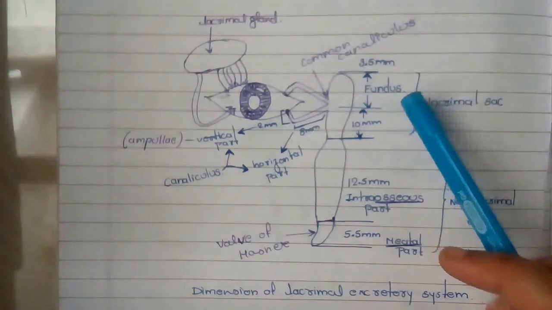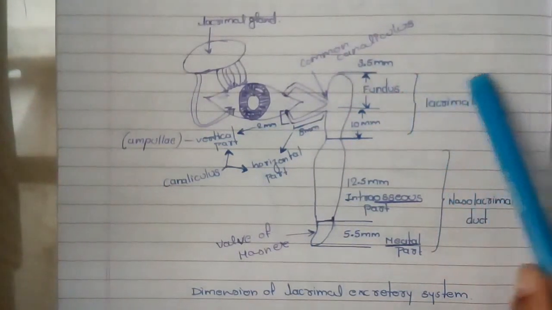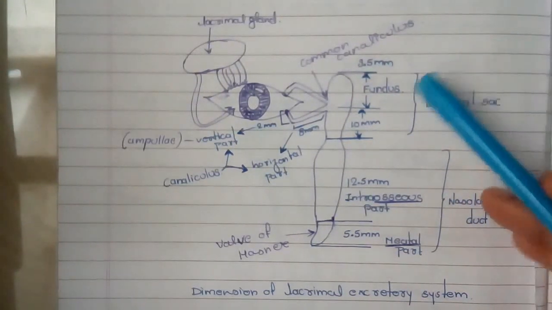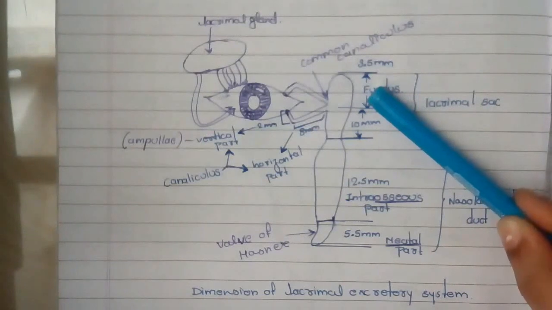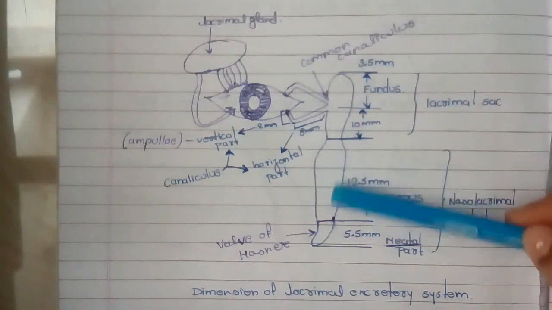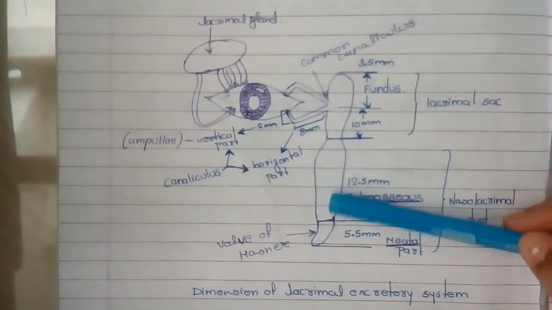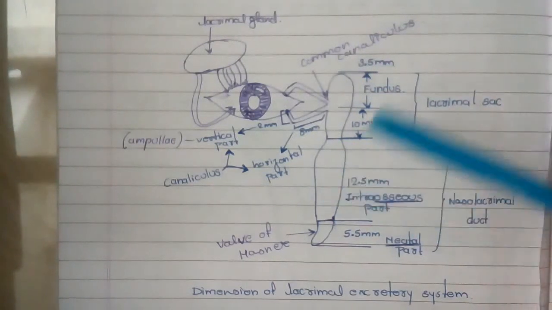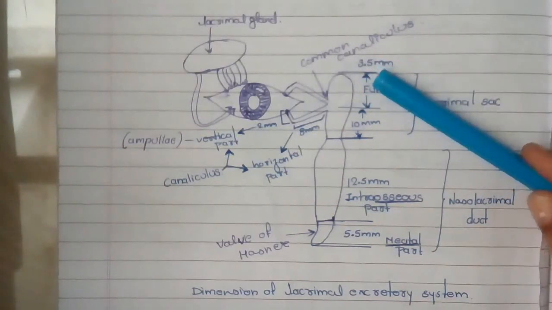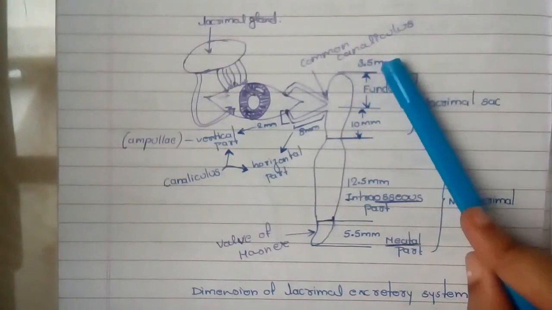One more point I am going to say is that the lacrimal sac has three parts. The upper one is called the fundus. This is the body part, and the third and last is the nasolacrimal duct. The fundus, above the opening of the canaliculi, is 3.5 mm.